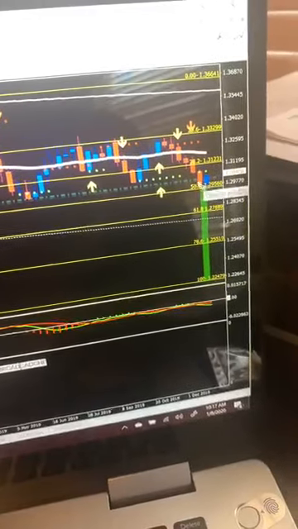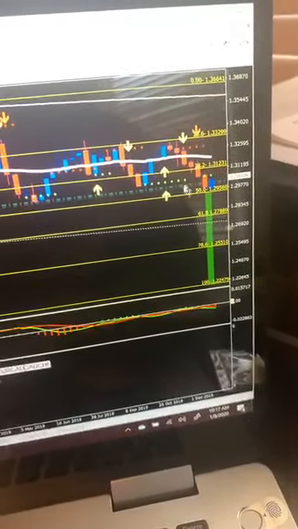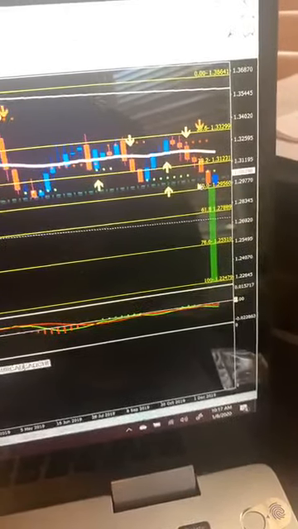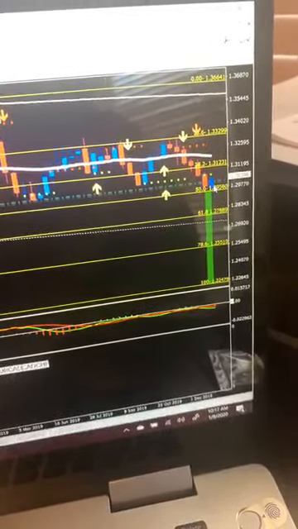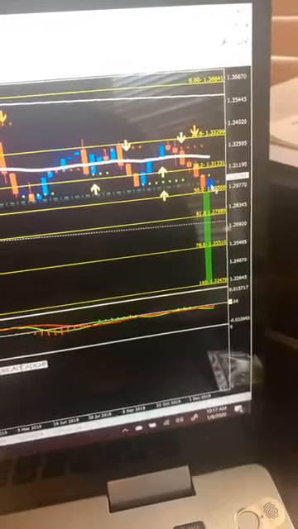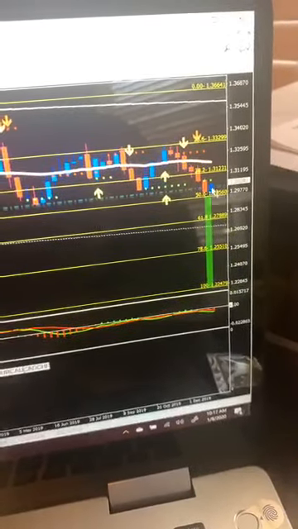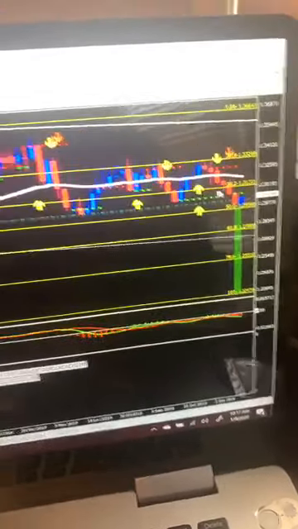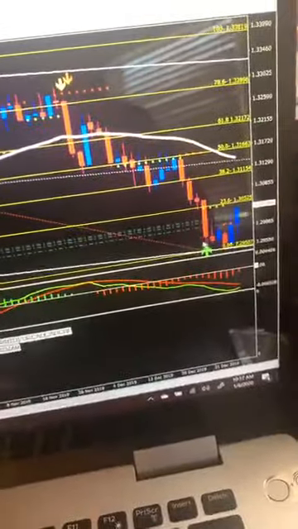I said, price is at a prime zone. This is a prime Fibonacci zone of 50%. And I saw this blue candle forming, so I got into the trade. This is on the weekly chart. Then I did a top-down analysis and went down to the daily chart, and I saw the reversal arrow.